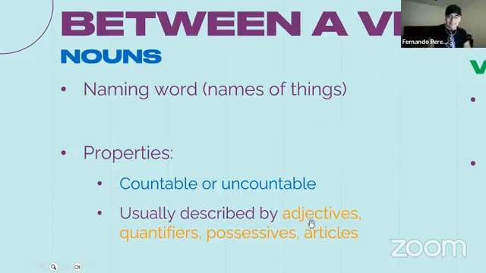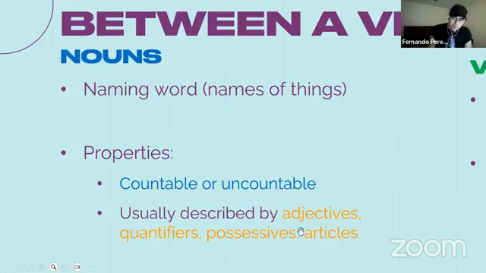The reason I am asking for this is because this is the perfect way to identify a noun. If you don't know what a noun is, you can identify it with these words. If the noun has a possessive, my, your, his, her, etc., you are going to face a noun. If a word has an article like a, an, or the, the word that you are using is a noun.